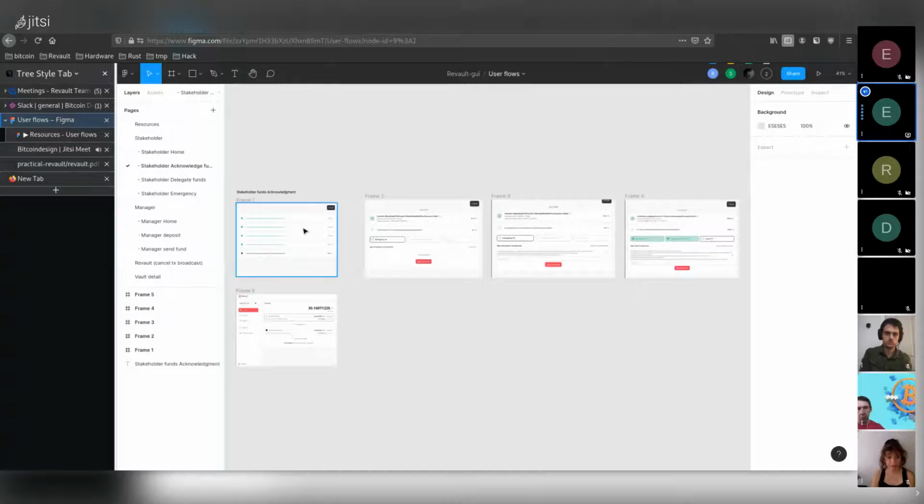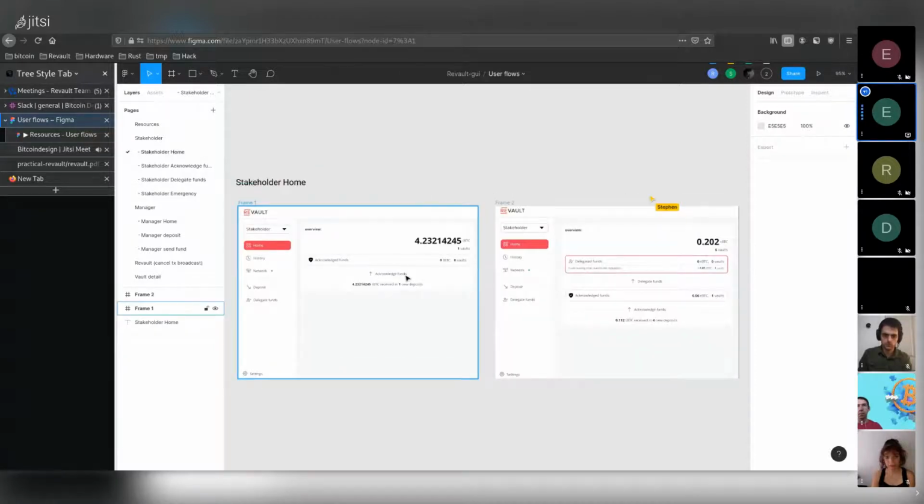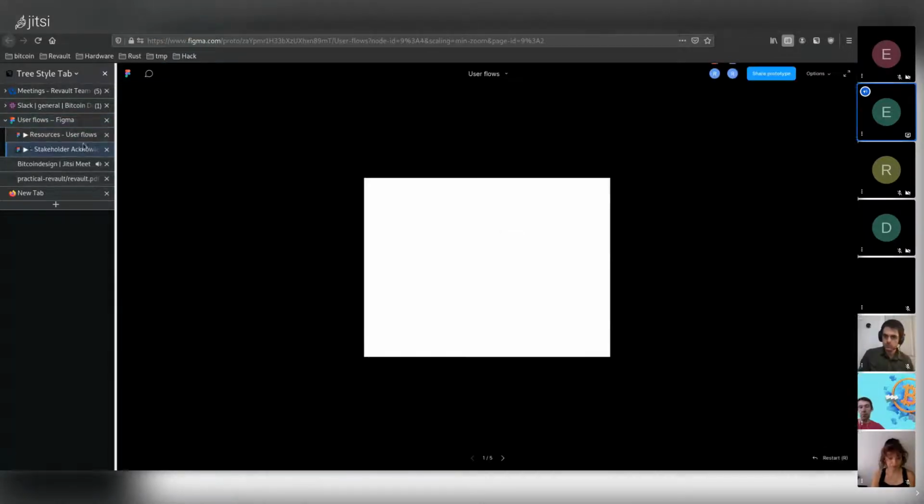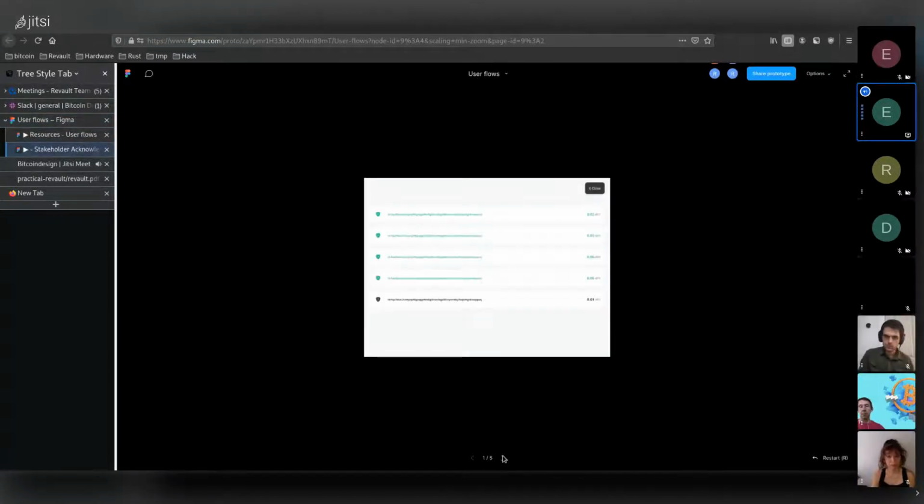It's a second part. You click on, yeah, it's a little button. We need to change it. You click on acknowledge funds. Yep. So you have the list of each UTXO you received, and you see which UTXO has no emergency transaction spending it.